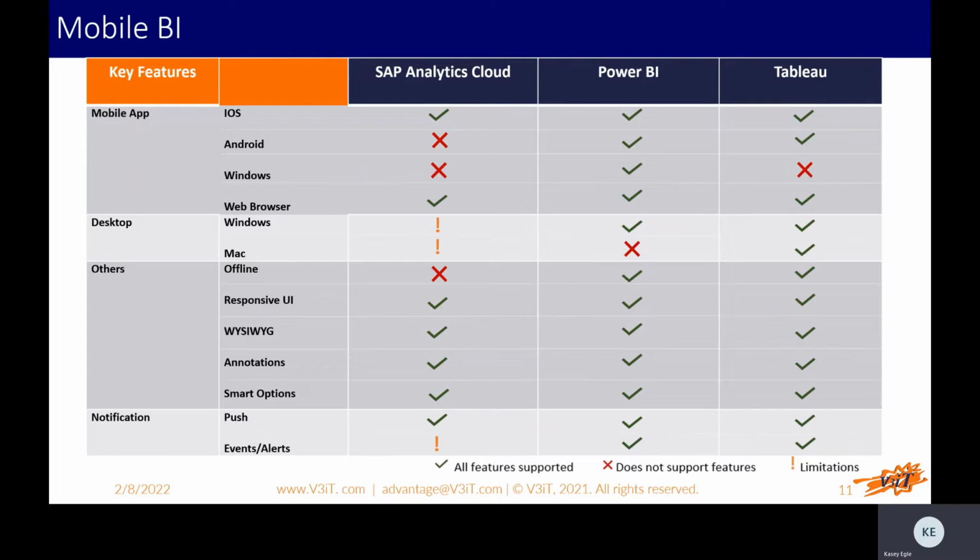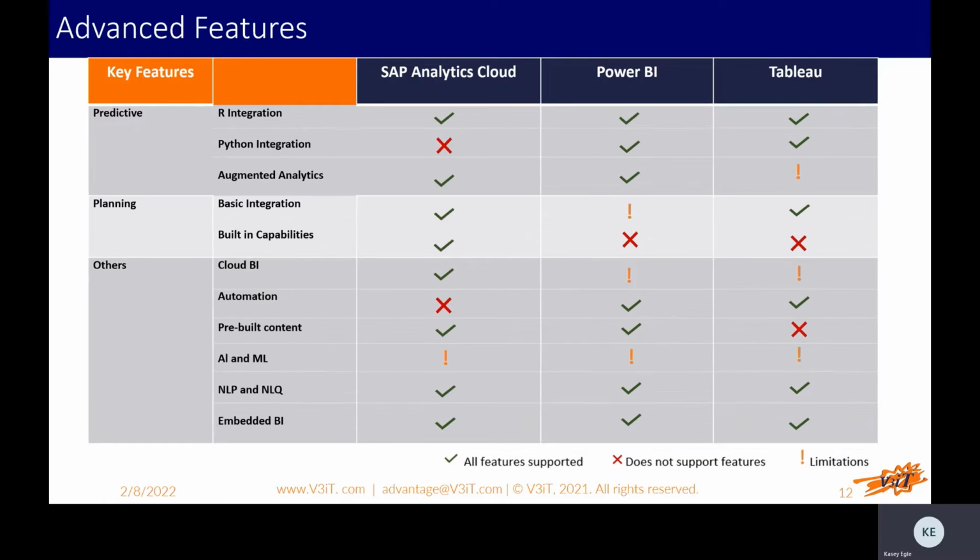When it comes to mobile BI features, we can see what they all support for the mobile apps, desktops, and others, and we also can see what they support for notifications, push notifications, and events and alerts. For advanced features, we can see here predictive analytics and planning analytics and others.